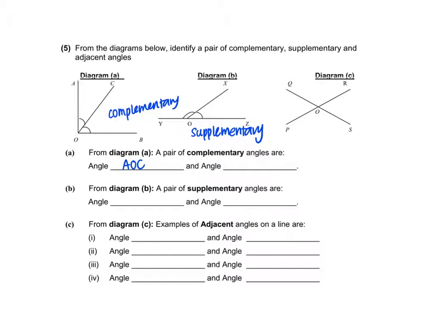And the next angle will be COB. So this is the angle O that we want. So this is angle COB. Right, from diagram B, we have a pair of supplementary angles that will be quite easily seen, YOX and XOZ.